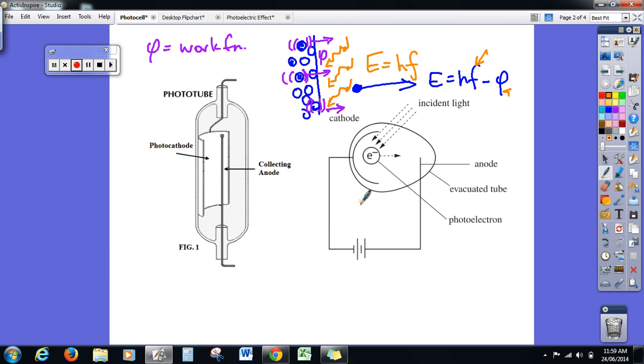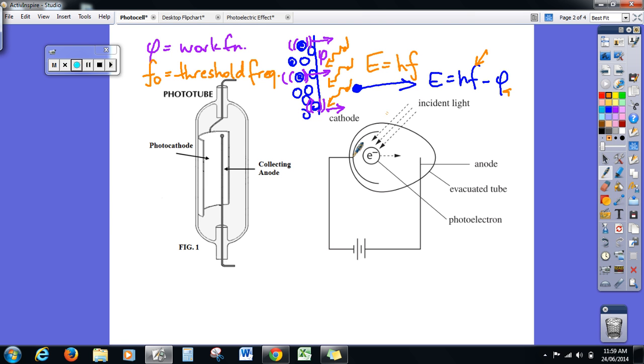We call this lowest value of f the threshold frequency, so we'll give f0 as the threshold frequency. This is when the sum total of all the energies would equal 0.